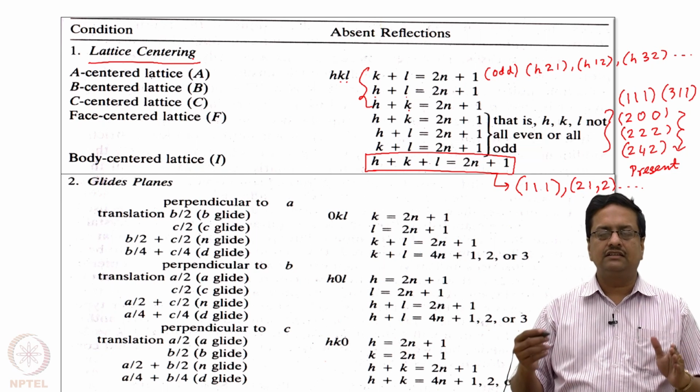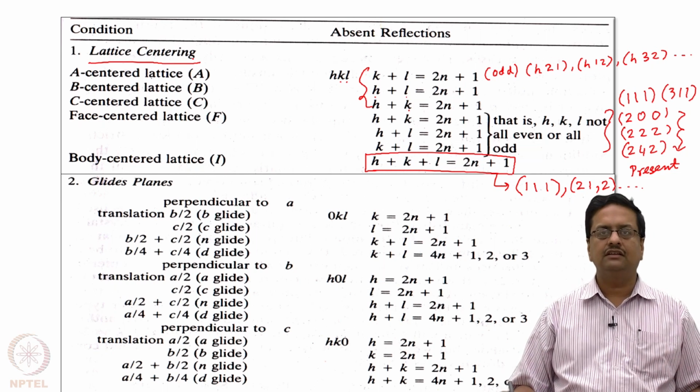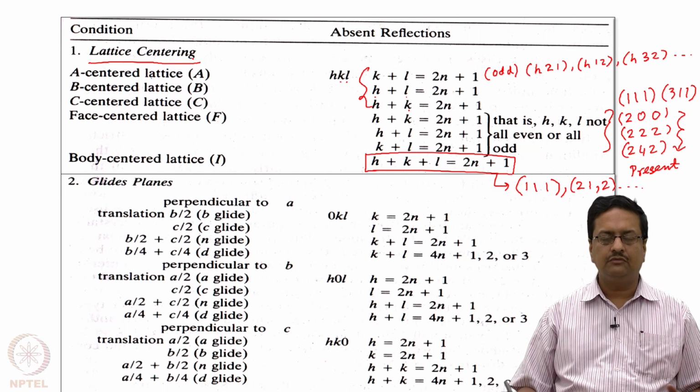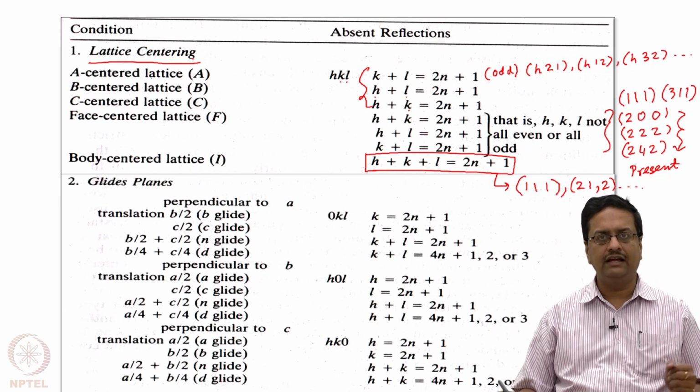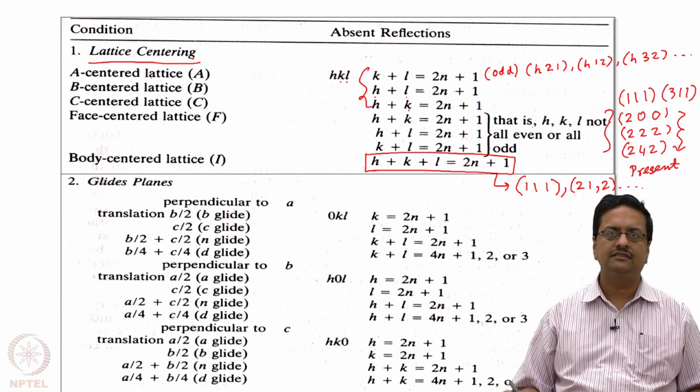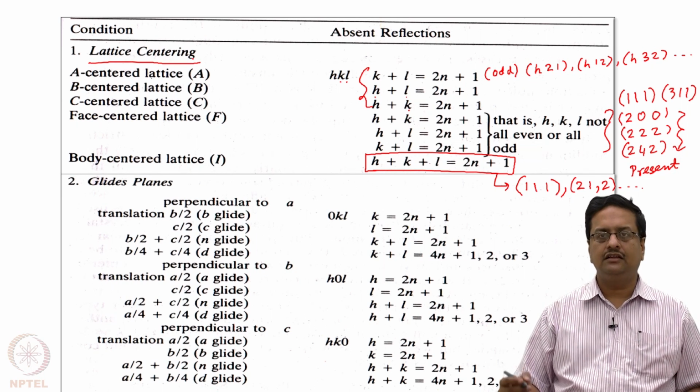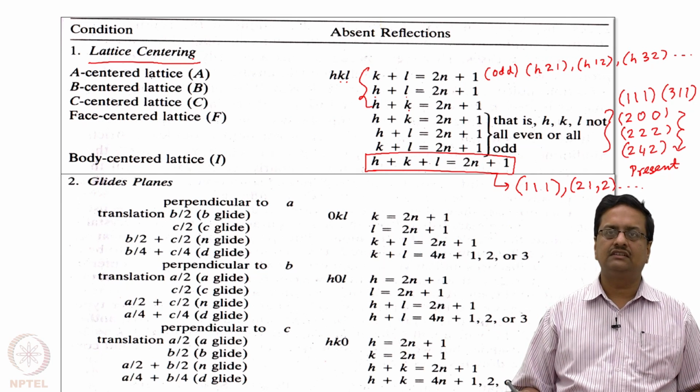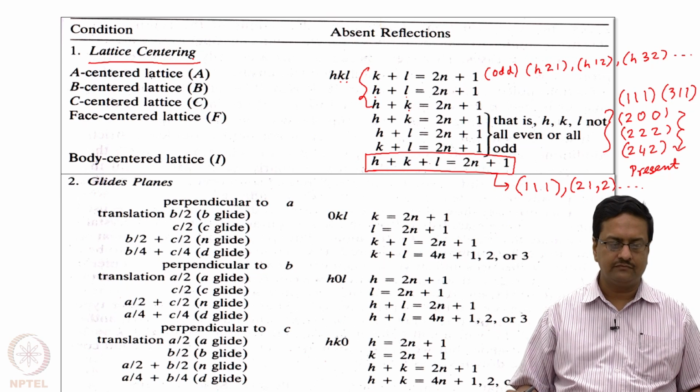The translational symmetry elements other than the unit translation, for example the lattice centering, glide planes and screw axis, result in systematic absence conditions for a particular set of HKL reflections.